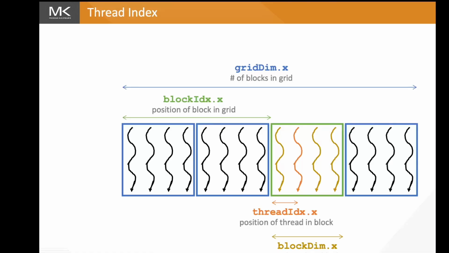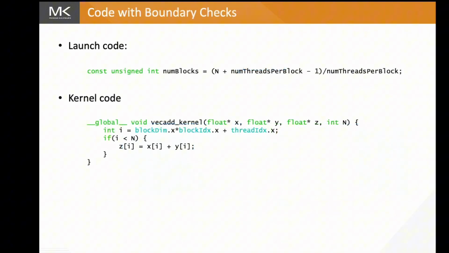And you saw that based on these variables, you can identify a global index for your threads, and then you can assign a concrete task to your thread, right? For example here, we wrote a vector addition kernel, which is similar to a C function, but we annotate it with this __global__ keyword.